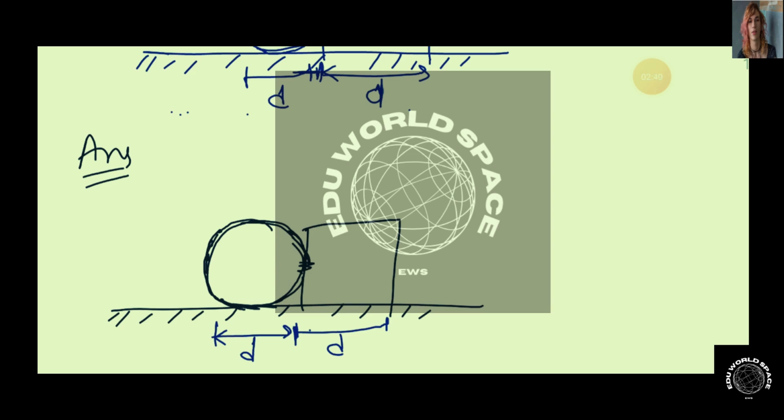Now the next step: I consider this point to be the center of the circular disc, and here I am drawing a 2D coordinate system making this center the origin. This is the x-axis and this is the y-axis.